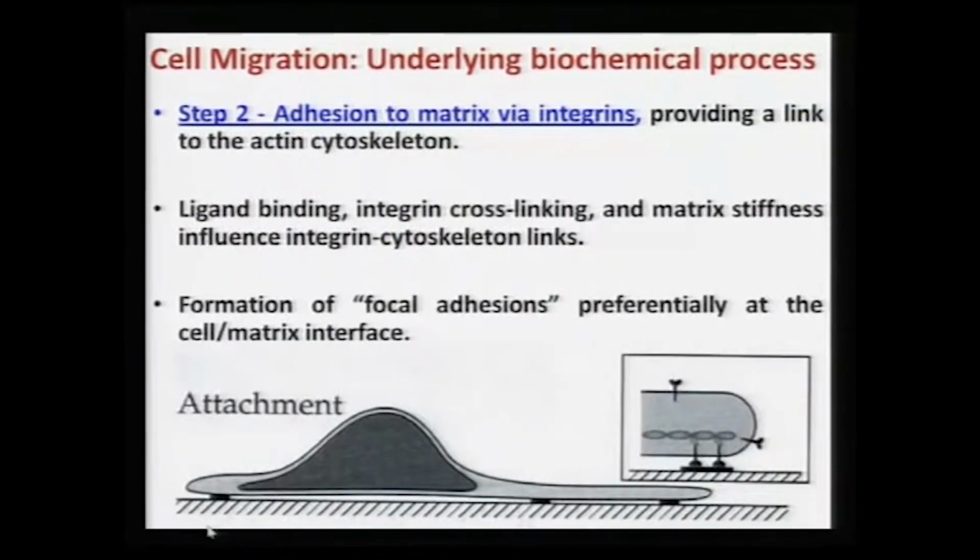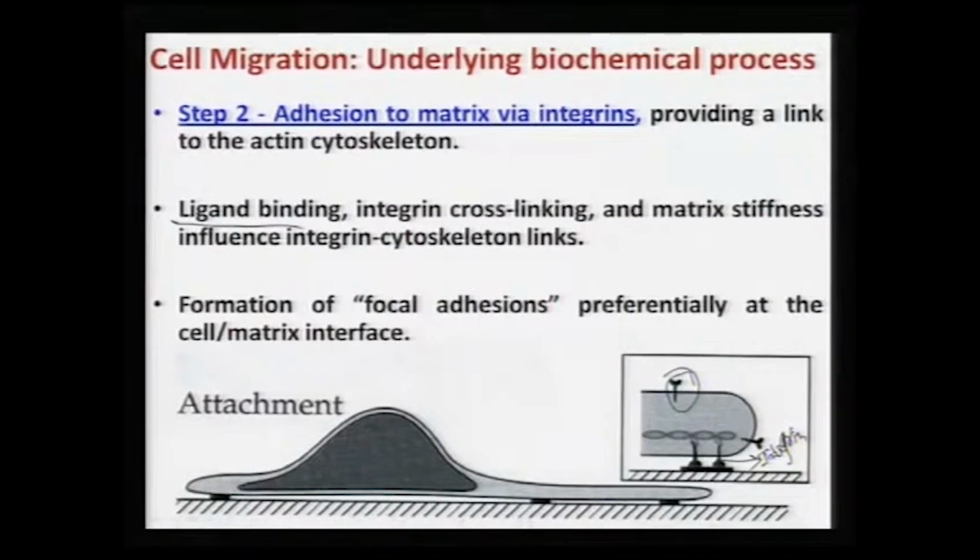Step 2 is the adhesion to matrix by integrins. So, these are your integrin proteins, one particular type of cell surface receptors. You can see these integrin proteins directly interact with these actin filaments here, providing a link to the actin cytoskeleton.